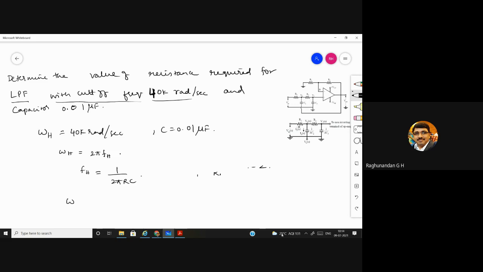So omega H is equal to 2 pi into 1 divided by 2 pi RC. 2 pi gets cancelled, and we are having 40 into 10 to the power of 3, and capacitor value is also given. So now tell me the resistor value. Nikita, tell me the answer.